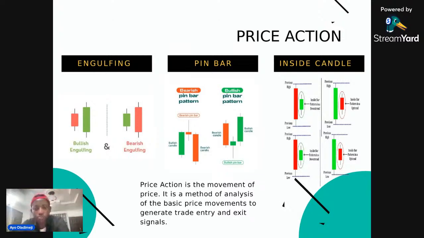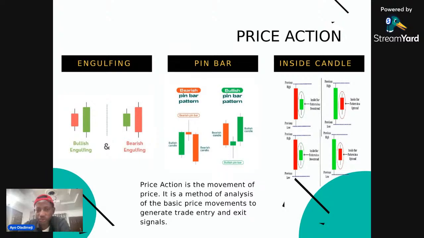Okay, so that's cool. Now, talking about candles. Personally, there are many different types of price actions, but I'm just going to share with you 3 of them, because these three are the ones I usually use in trading.